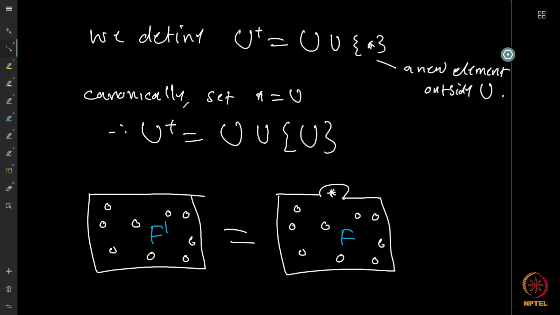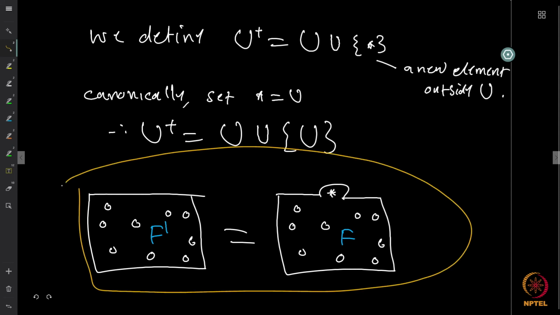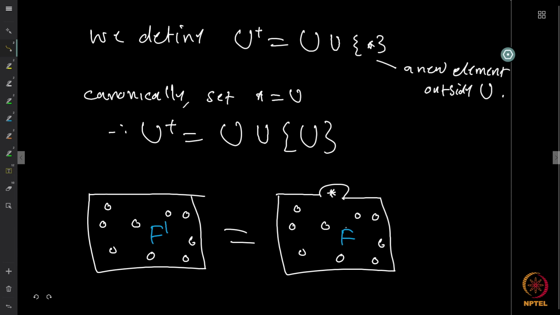So this is one way to do it. We can of course do another way. Another picture representation is the following: an F dash structure on a set U is basically an F structure on the set U with a new element, where the new element is sitting outside. You put the F structure, and forget about this, whatever it is doing there.